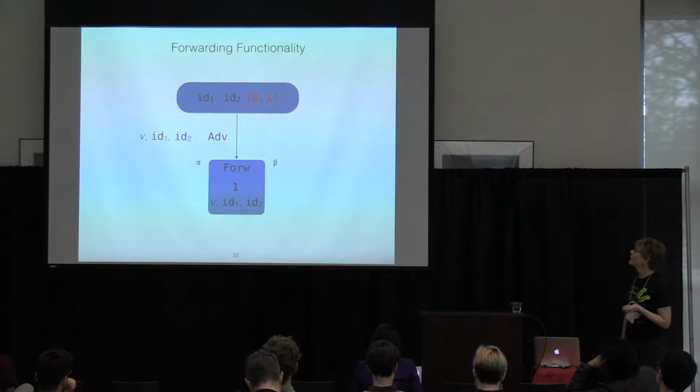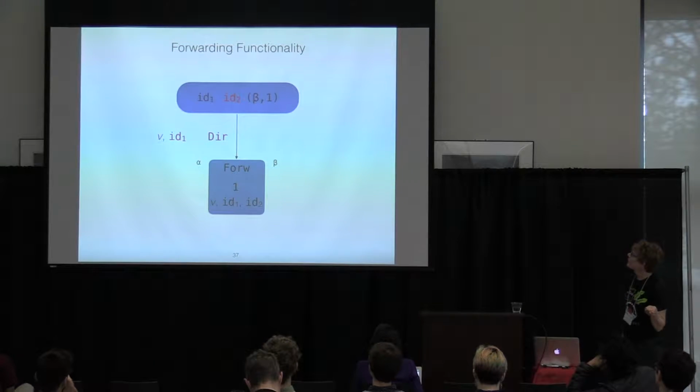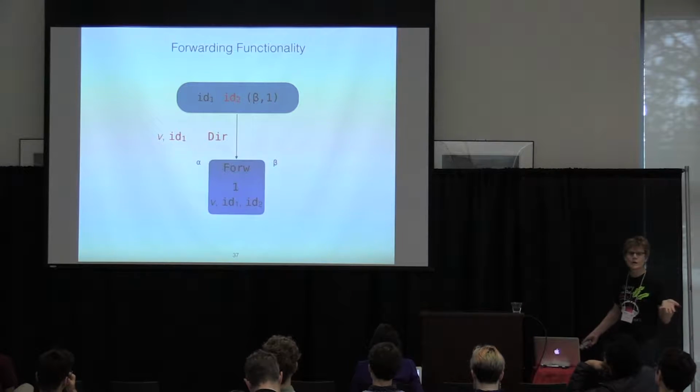What about it? The adversary eventually, hopefully, will return an OK message by an adversarial message to us, at which point we'll say, OK, great, we're allowed to do the forwarding, and we'll send that value on to ID2 saying where it came from. So that's this building block that we use to do forwarding between protocol parties.